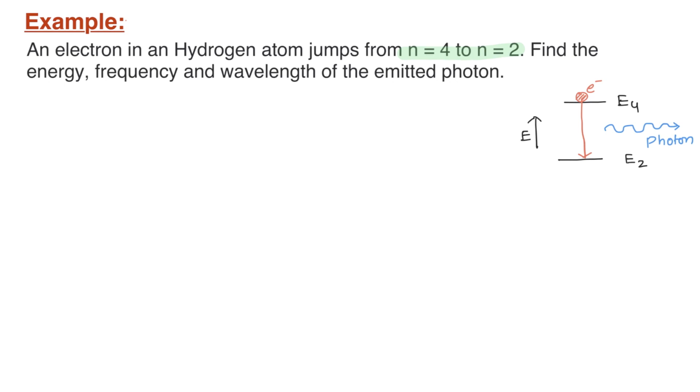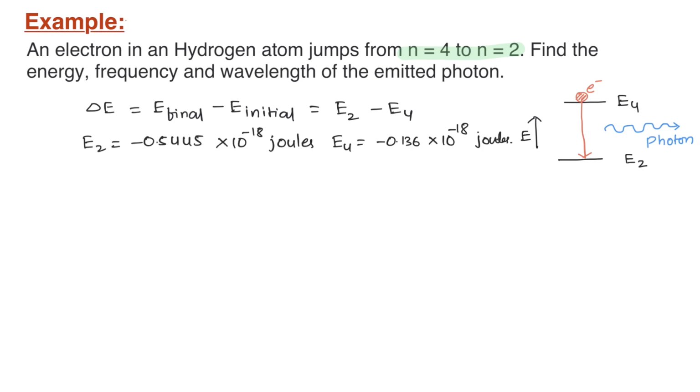The energy released during this process, delta E, can be calculated by using the formula delta E is equal to E final minus E initial, that is E2 minus E4. In the earlier slides, we calculated E2 and E4 values for the hydrogen atom.